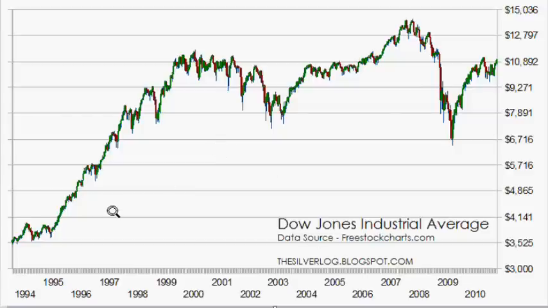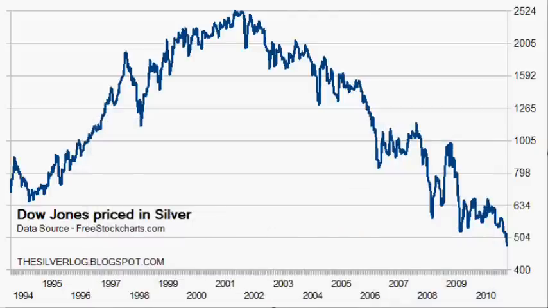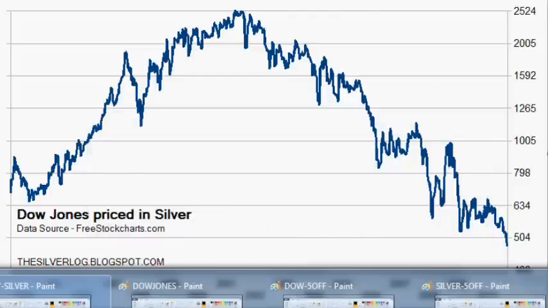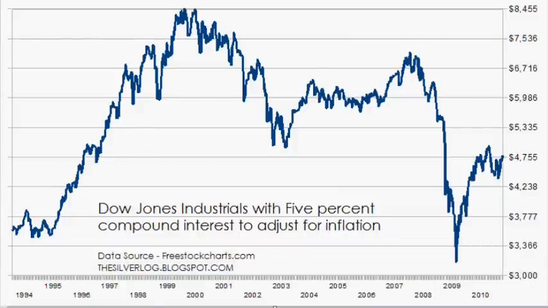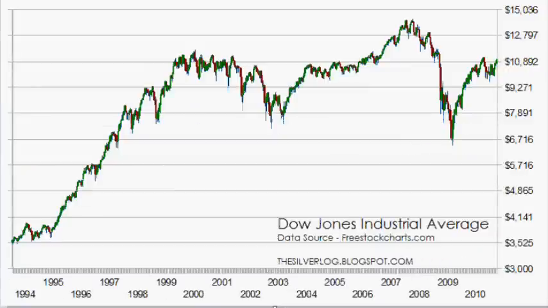Therefore, what I have done with this chart is a little bit of adjusting. I've taken the exact same chart, but I have reduced it 5% a year based on interest. Because if we go back to the previous chart, we're at 11,000 now.